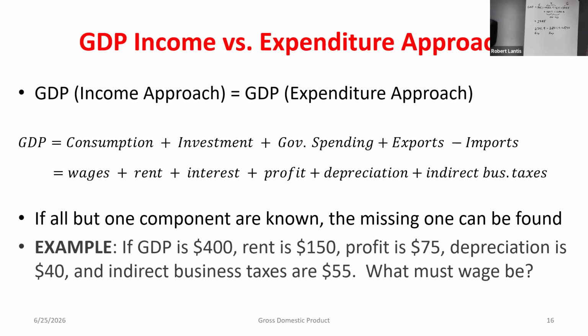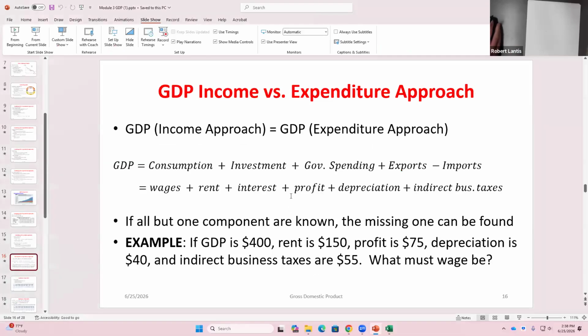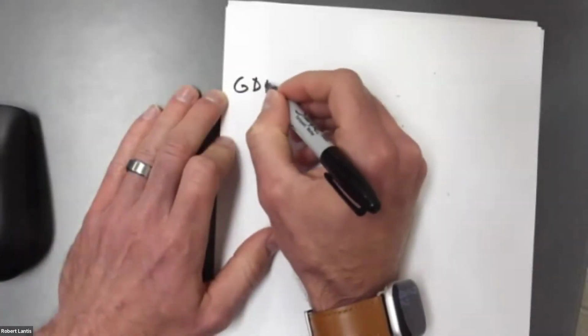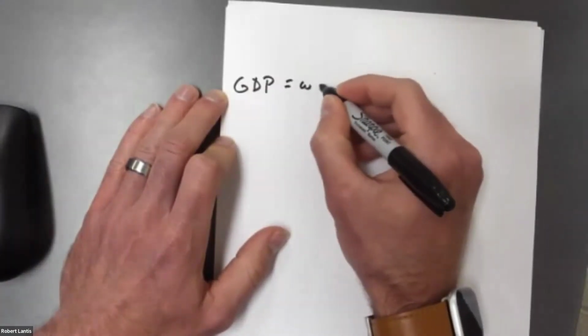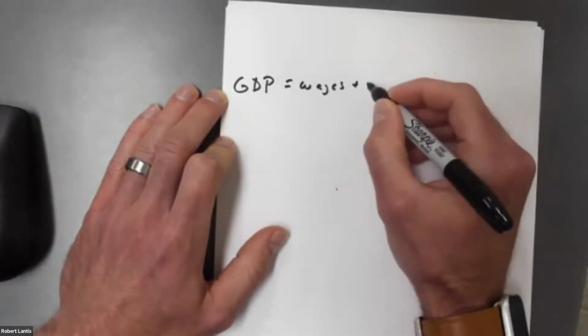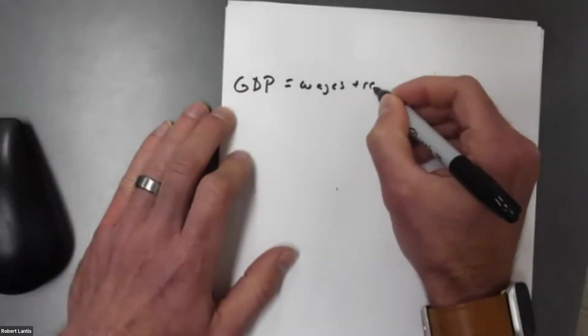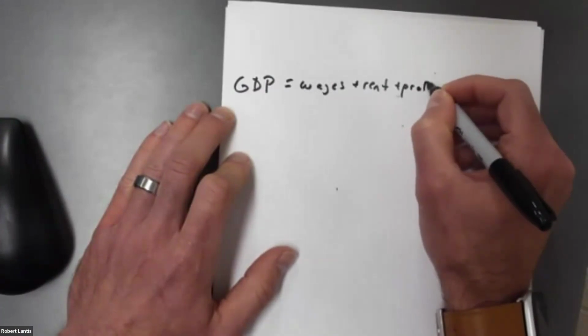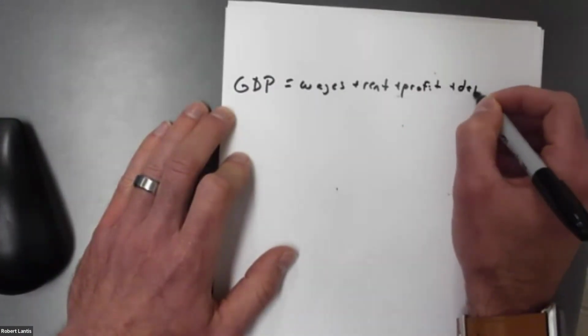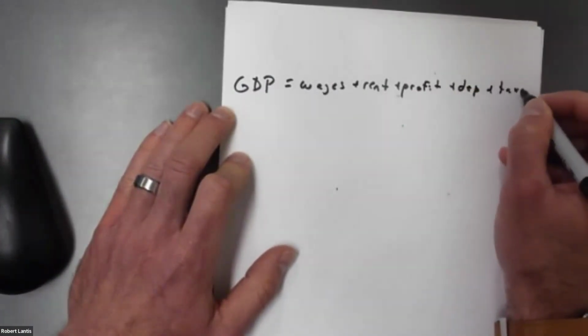I've already mentioned this, but let's work through an example. Let's say I gave you the GDP value, and then gave you the following categories, but I left out wages. If I'm using the income approach, my GDP is going to be equal to wages plus rent, profits, depreciation, indirect business taxes.